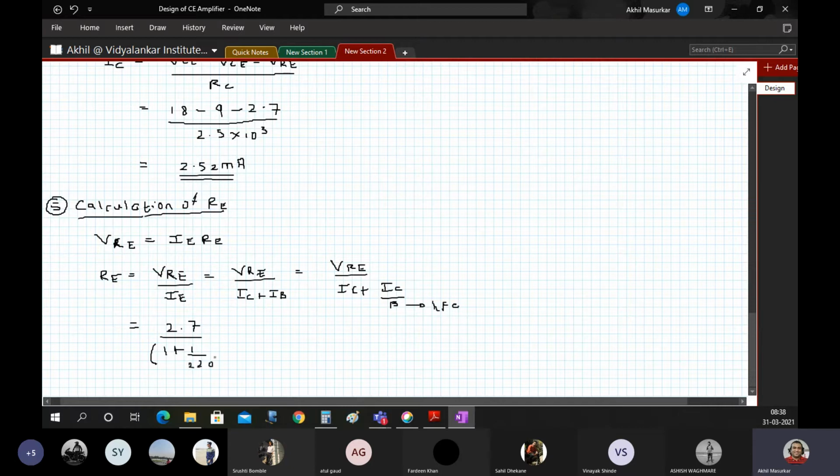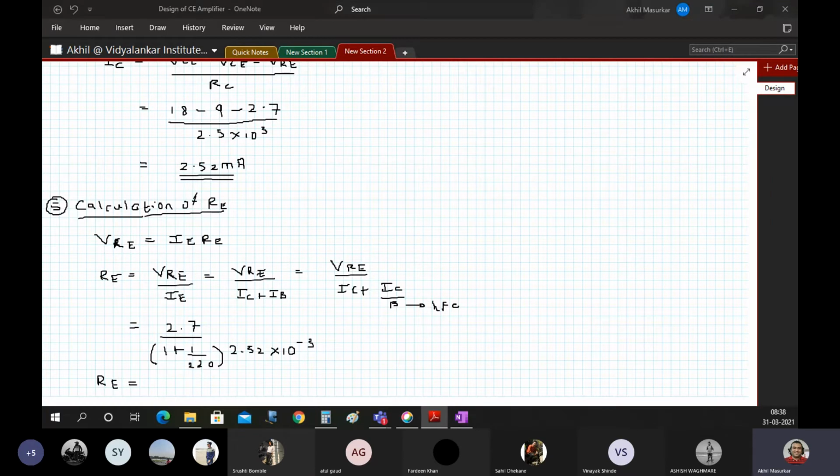So that is 2.7 upon 2.52 into 10 raised to minus 3, taking IC common, into 1 plus 1 upon 220. So please tell me what is the value of RE.